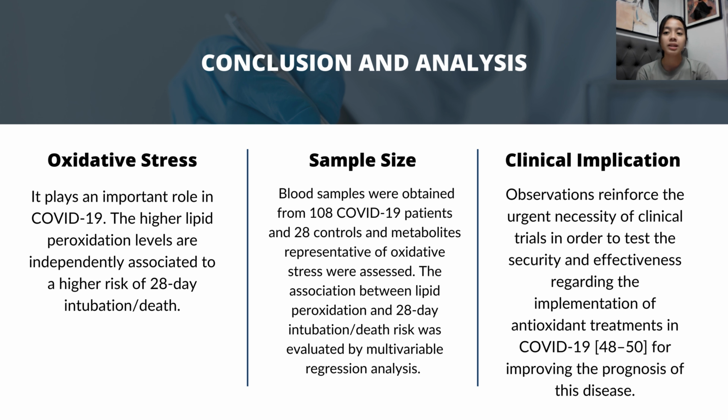This multifaceted analysis provides a more comprehensive picture of the oxidative stress profile in COVID 19 patients. Moreover, the discussion appropriately emphasizes the clinical implications of the findings, particularly the potential role of lipid peroxidation in predicting the severity and prognosis of COVID 19. Therefore, the call for clinical trials to explore antioxidant treatments aligns with the translational potential of the research.